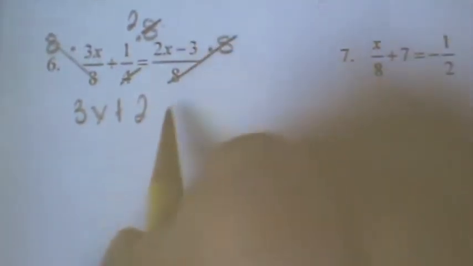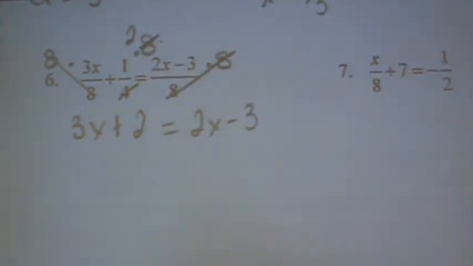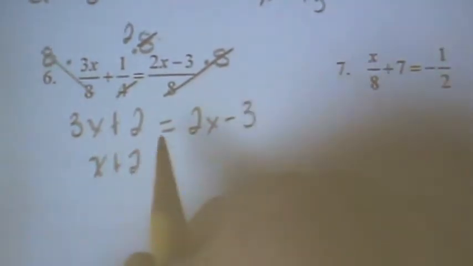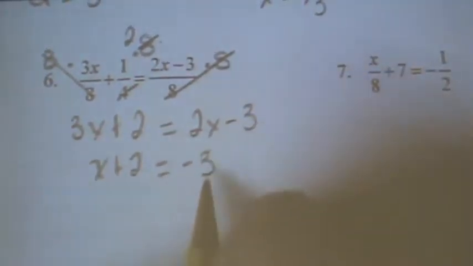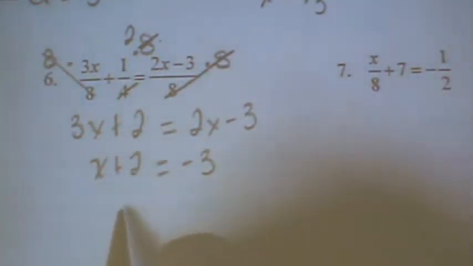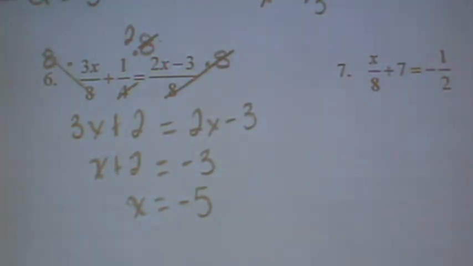So we have 3x plus 1 times 2, which is 2, and that equals 2x minus 3. Subtracting the 2x, we get x plus 2 equals negative 3. Subtracting 2, we get x equals negative 5.